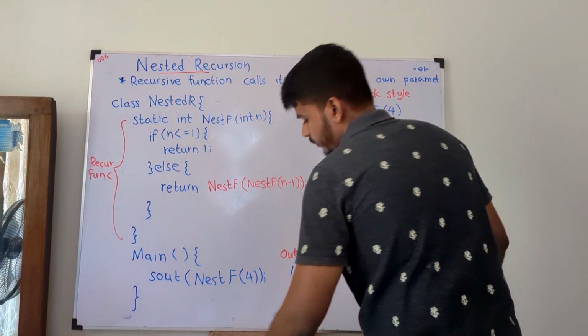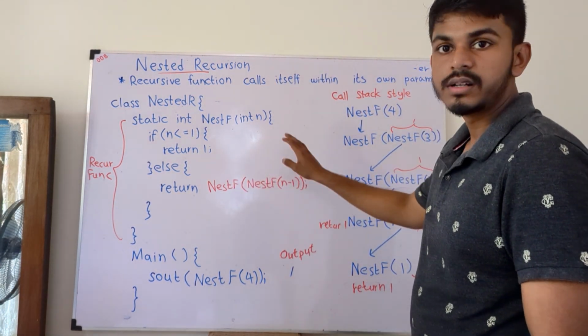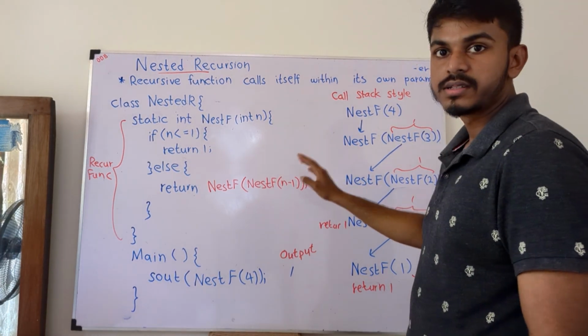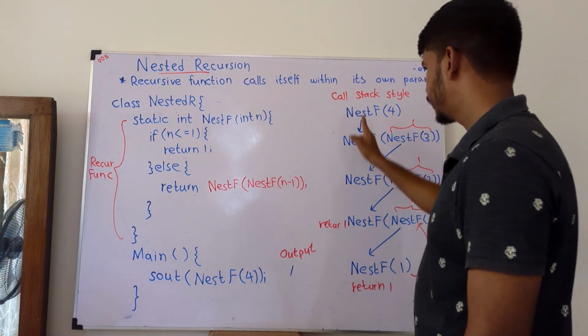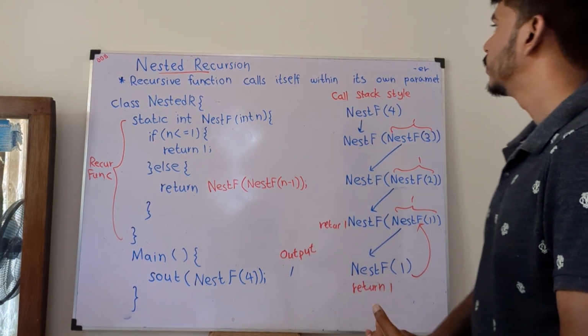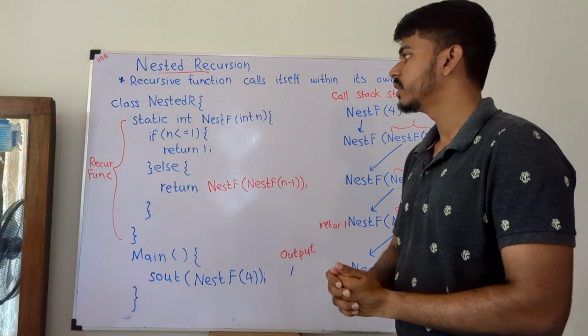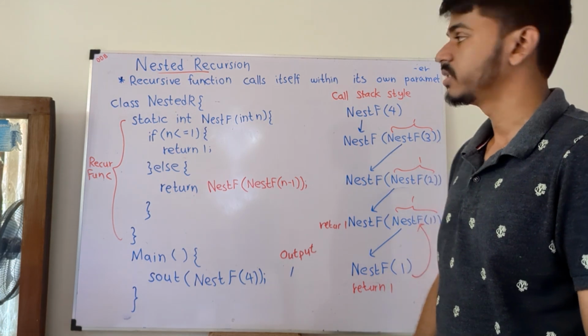Why this happens is that this function is going to spiral itself until it hits the base case, and it's going to go up the stack, just returning the value 1. So that is nested recursion. Then we are going to go to the indirect recursions.